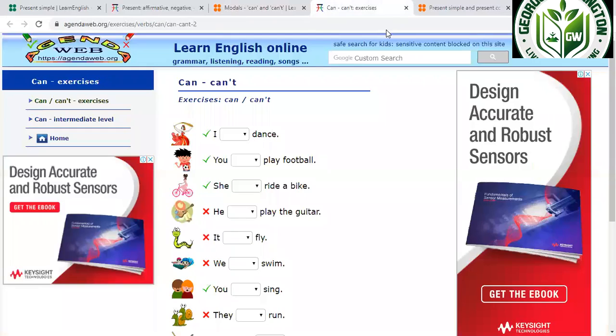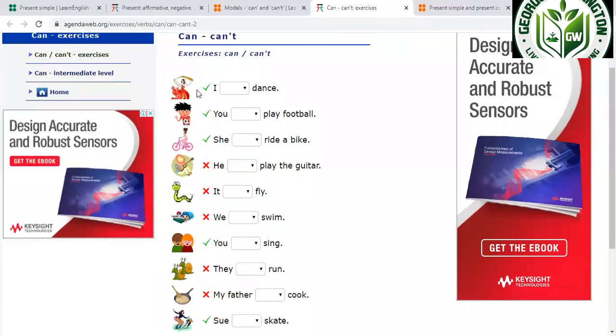Okay, so here, you will find some exercises. When you see the check mark, that means that she can do that. So, I can dance. Here, for example, it says he played the guitar.